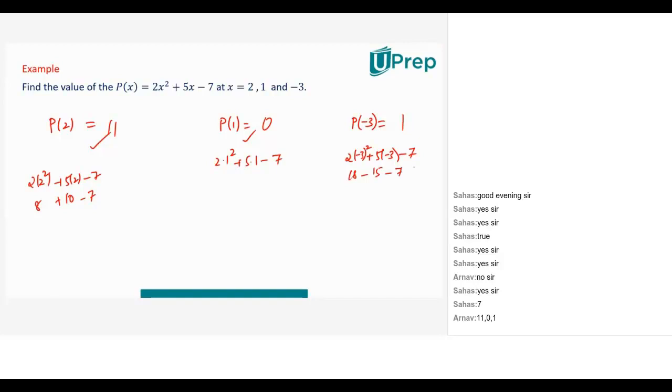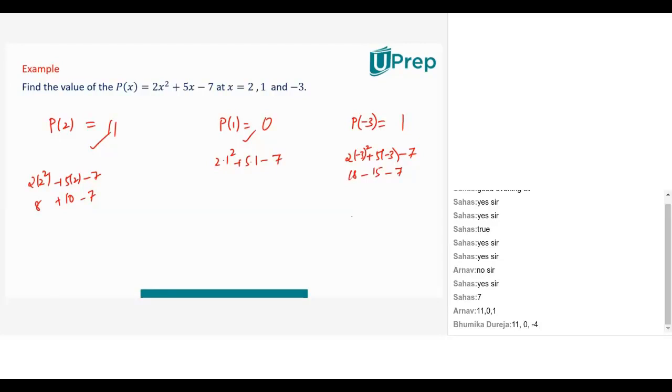That gives me 18 minus 15 minus 7. I think your P of minus 3 is wrong. That's 18 minus 22. And now check your P of minus 3 value. Yeah, Bhumika is right.